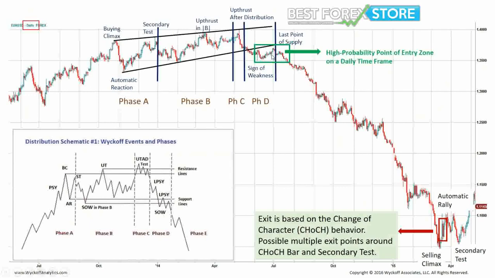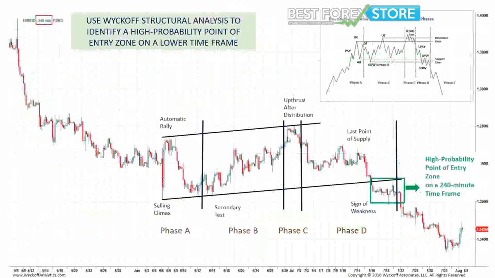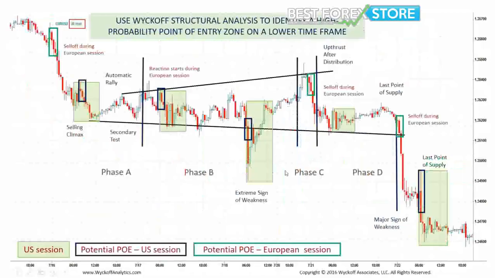How do we understand? I mean, we understand that the long-term bias is to the downside, but how can we open a high probability position in the lower time frame? So going to a higher time frame on the intraday, lower time frame on the intraday, and even lower on the points of entry.